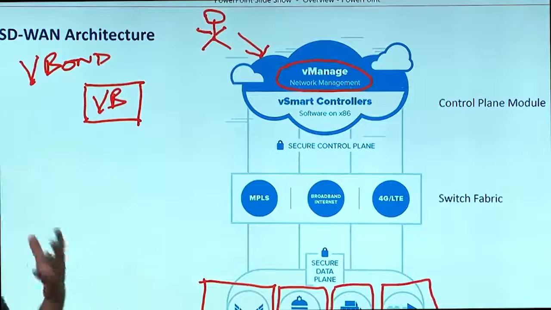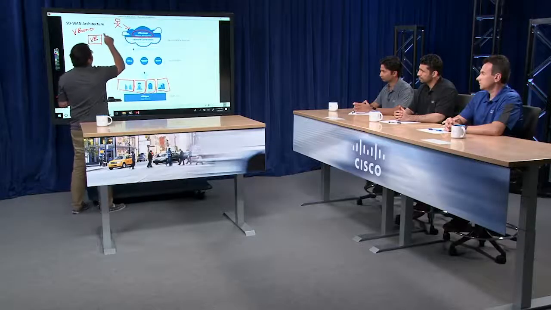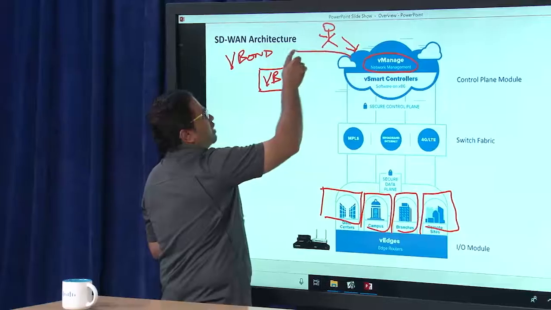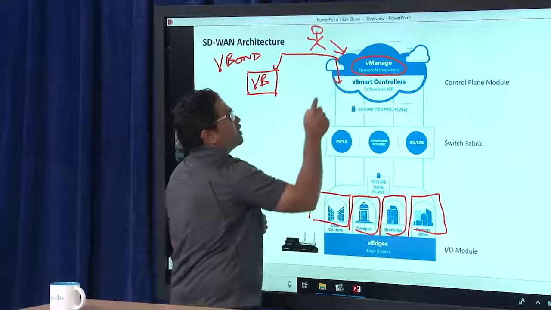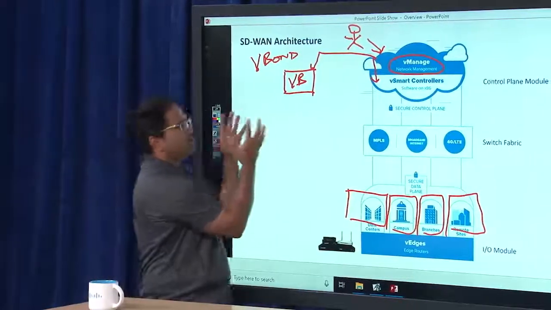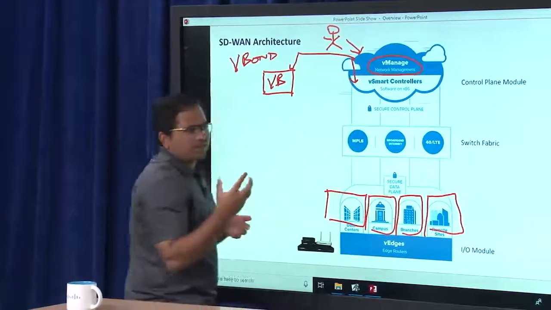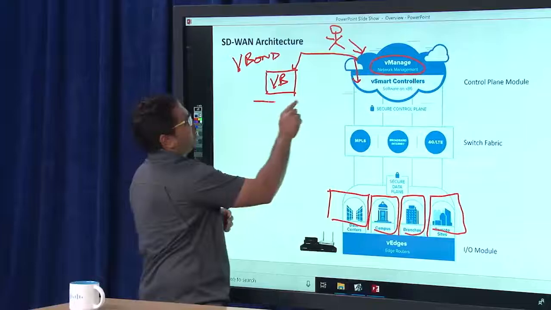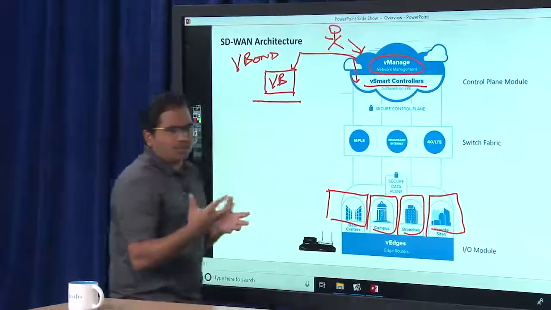So you want the NMS to be up and running first. Using this NMS platform, we can then start provisioning the control plane. So the SD-WAN control plane essentially consists of two components instead of one: the orchestrator, the vBond, and the vSmart controllers itself.